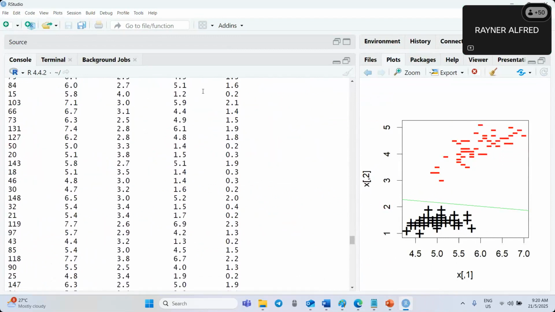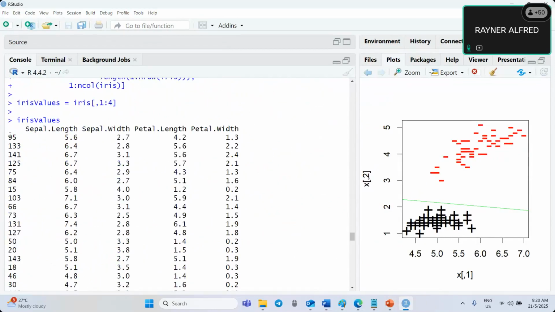You see the row IDs here, they are all shuffled. And then we are only displaying 4 columns here, and this is blank, saying that we are showing all the row numbers.